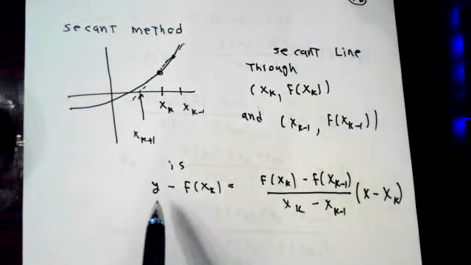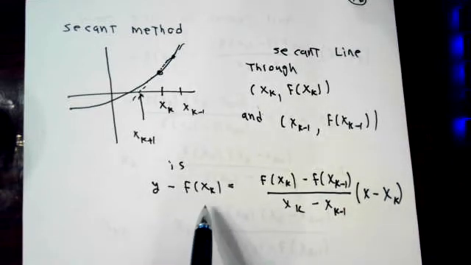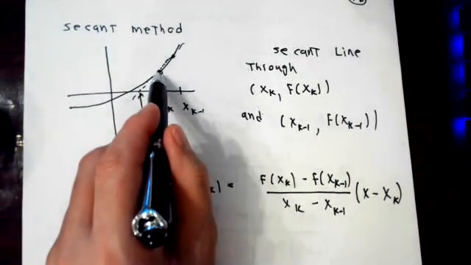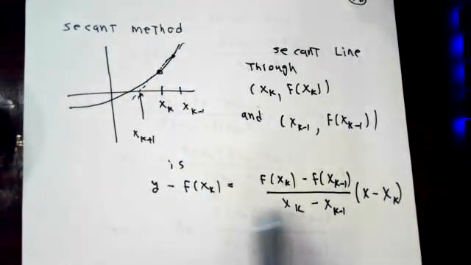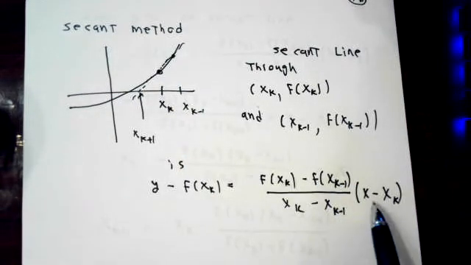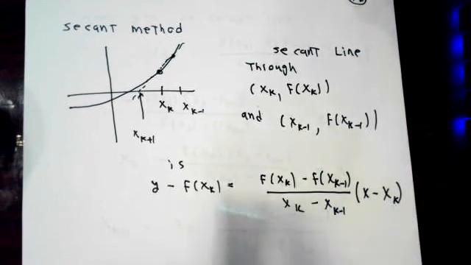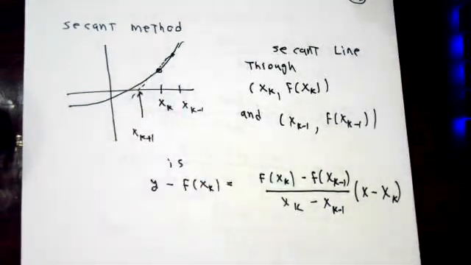The secant line is y minus the known y coordinate of this point equals the slope times x minus the x coordinate of this known point. So in this way, we write down a formula for the straight line that passes through the two points on the graph that correspond to the most recent estimate and the next to most recent estimate.